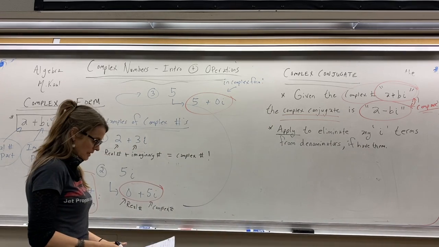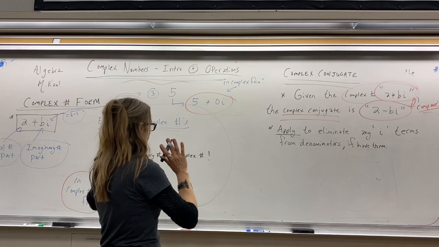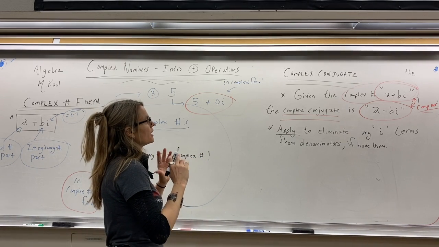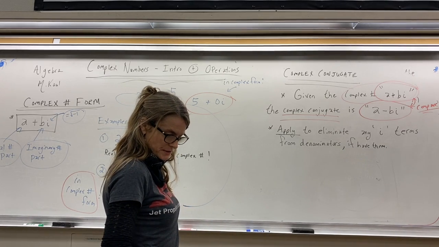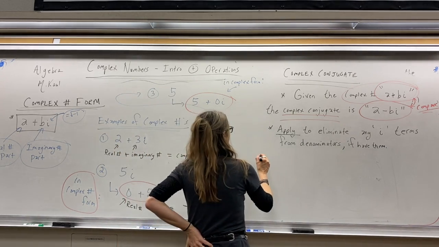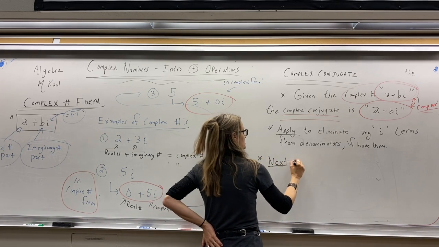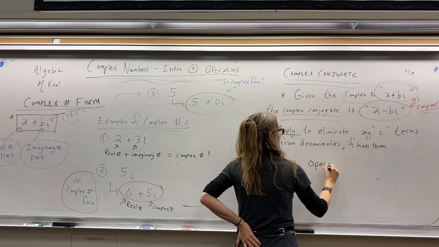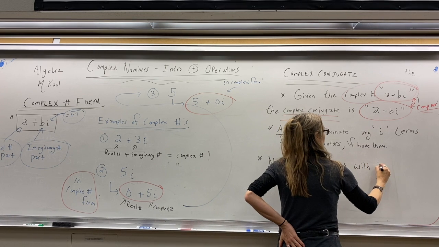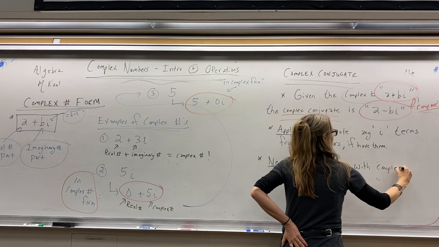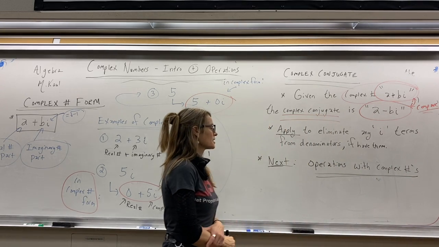Upcoming. So now the next important thing is we defined all our basic introductory ideas with complex numbers. And now what we want to do is work with our operations. We want to look at operations with complex numbers.